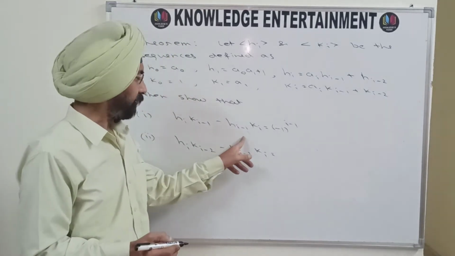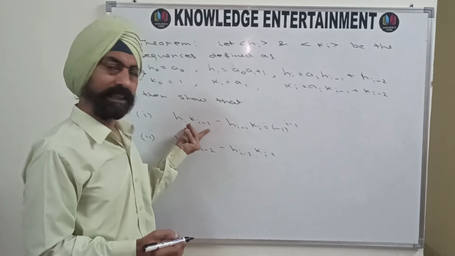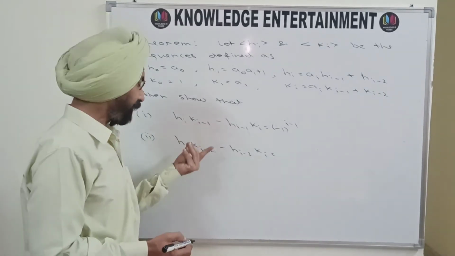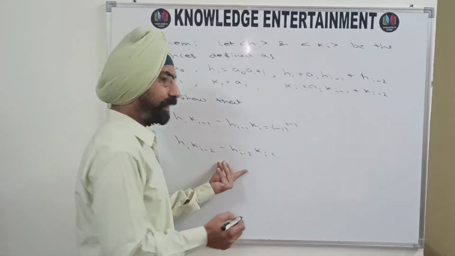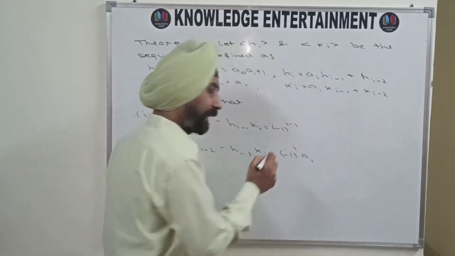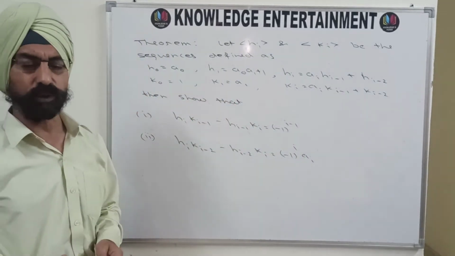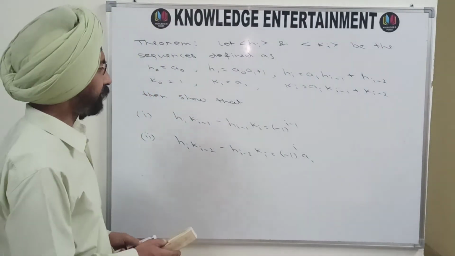This is the result where i and i minus 1 have a difference of 1, and here we have a difference of 2 between i and i minus 2. In that case the result is equal to minus 1 raised to the power i into ai. These two results we are going to prove in this video. So let us see how to prove these results.